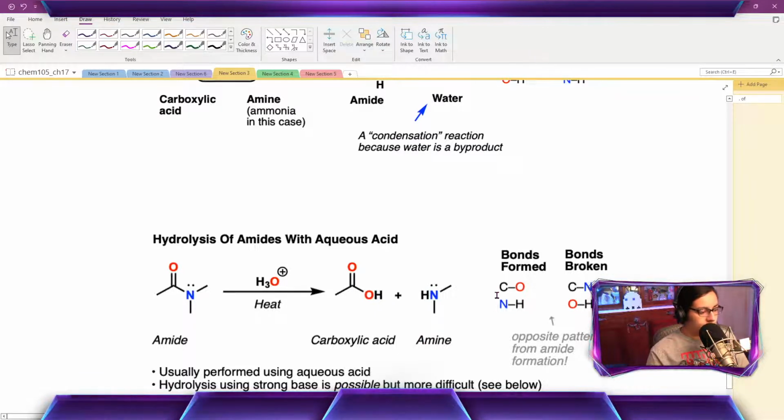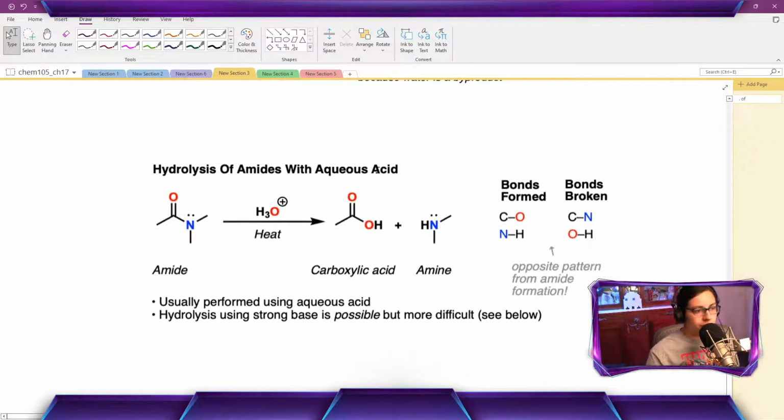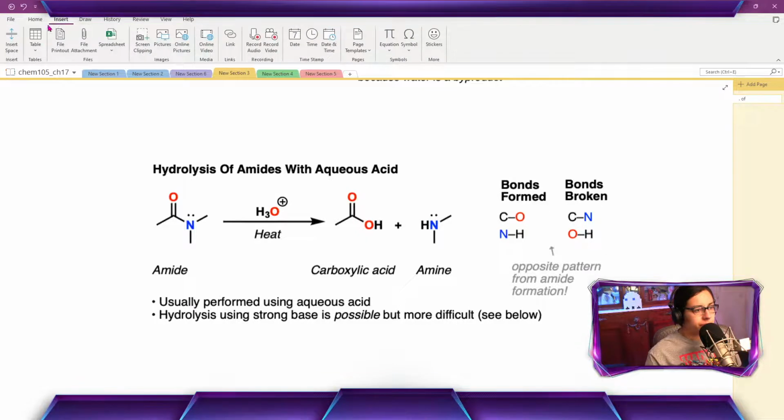And so notice that's kind of opposite from what we did. And so let's look at this mechanism since it's a little different.